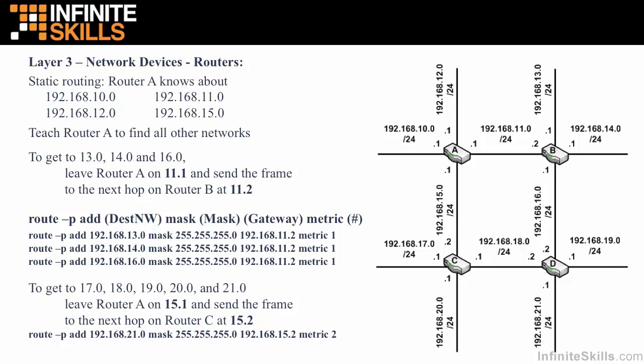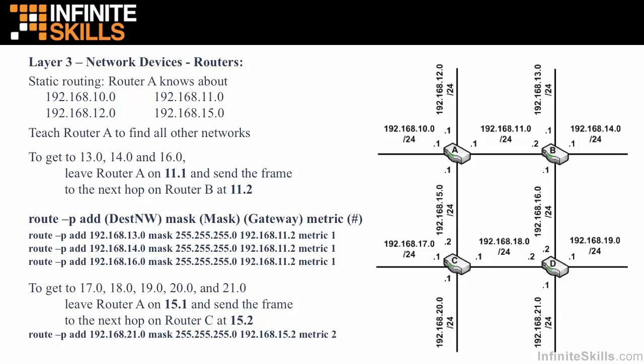So let's walk through how this works. If we have a node, let's say at 192.168.10.25, and it wants to send a frame to a node at, let's say, 192.168.13.55, we have to teach router A that if you want to get to that 13 network, you have to send the frame out your 192.168.11.1 interface to the gateway of 192.168.11.2 interface on router B so that it can then forward your frame onto the 192.168.13.0 network.